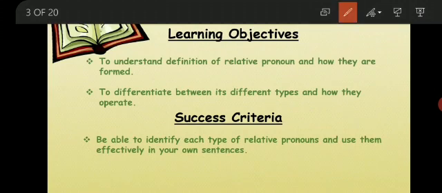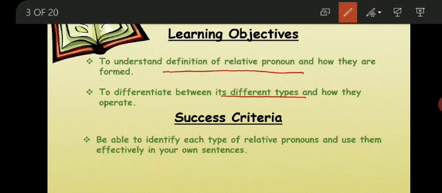Learning objectives. We are going to talk about these relative pronouns so that we will be able to understand the definition of relative pronoun, how they form, how they operate, and its different types, and how these types operate and how these types are different from each other.